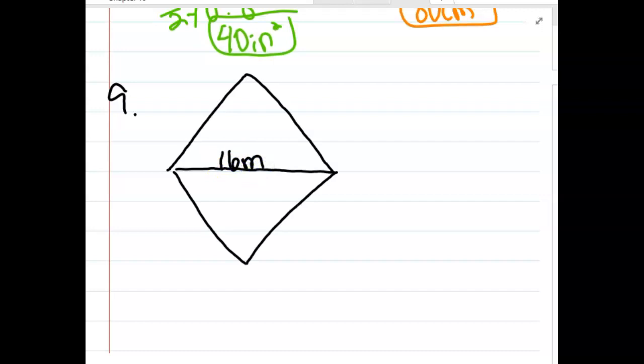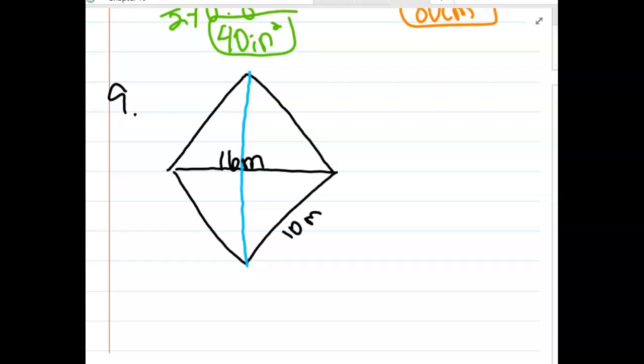But then I'm also going to tell you that this side here is 10 meters. Remember, to find the area of a rhombus, I need both diagonals. They do give me that one big diagonal, but I need this diagonal right here.